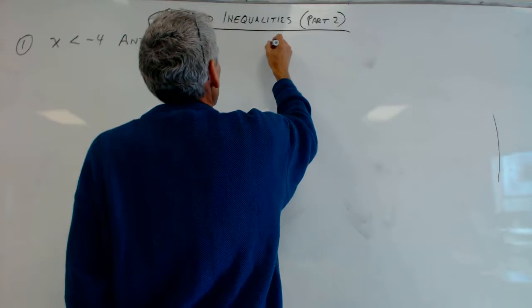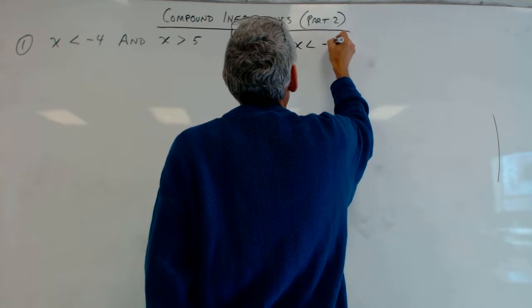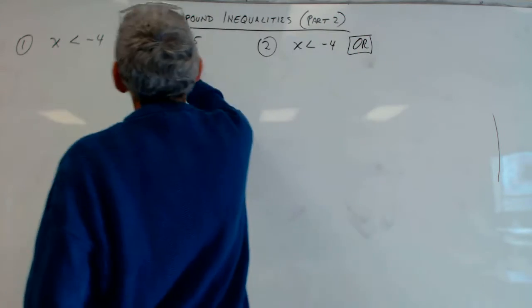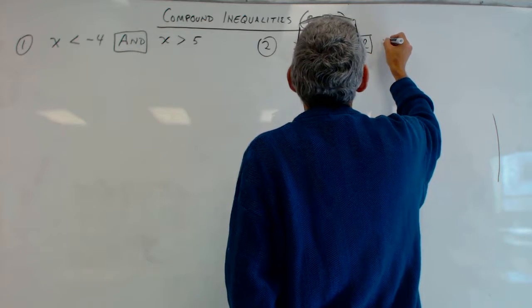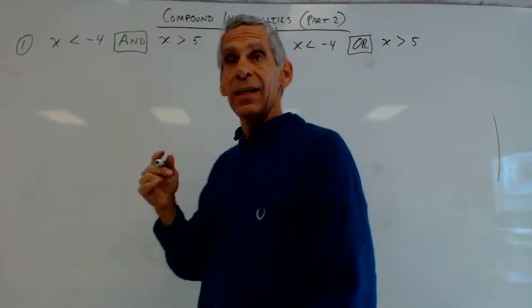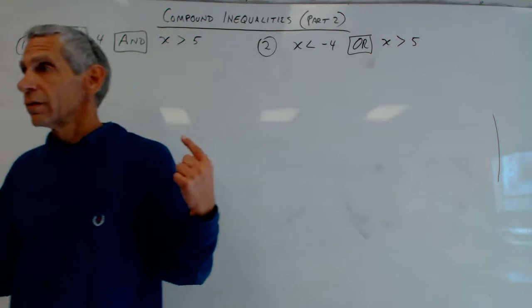And over here for number 2, I'm going to do x is less than negative 4 or x is greater than 5. You don't have to put the ors and the ands in boxes, I'm just doing it to make it stand out. Let's see how the answers differ between the two words, okay?